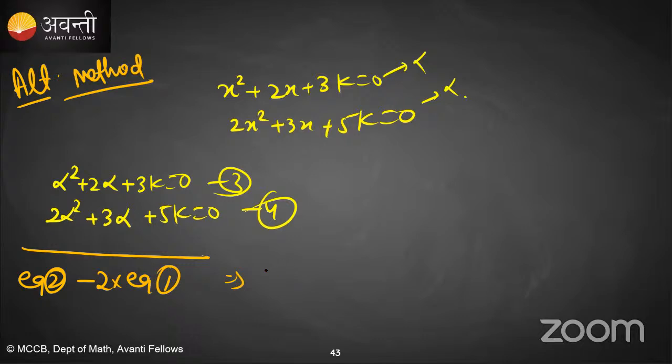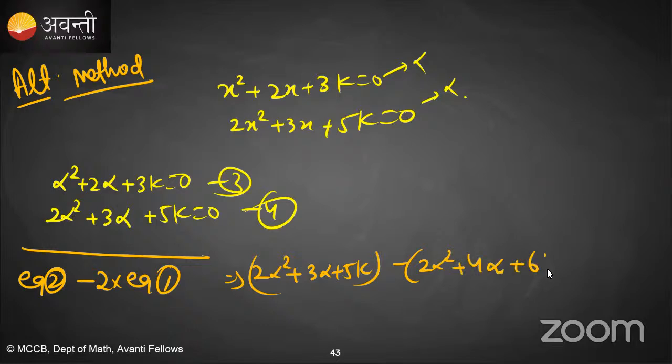What you will get? Equation 4 minus equation 3 को मल्टीप्लाई करो 2 से एंड सब्ट्रैक्ट कर दो. So 2 alpha square plus 4 alpha plus 6k is equal to 0.